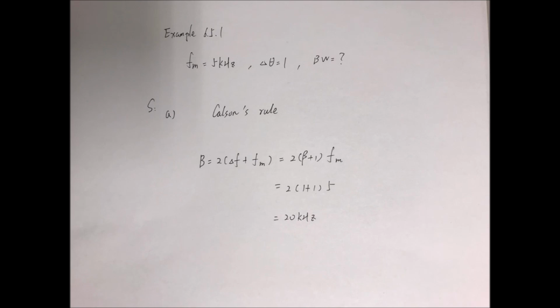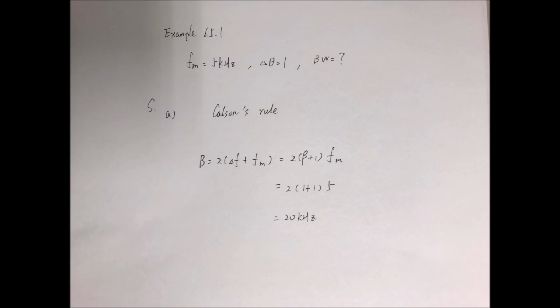Okay, I want to show you how to do it. It's not required, but it's a good method to know. It will give us the most accurate bandwidth for FM and PM signals. So we want to use the definition of significant sideband. Remember the definition of significant sideband is Jn(beta) greater than 0.01.